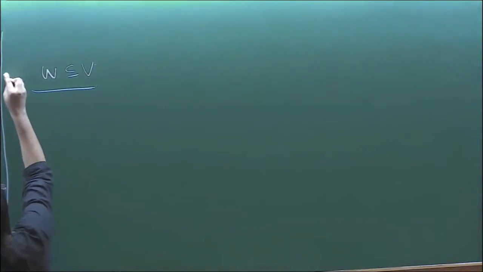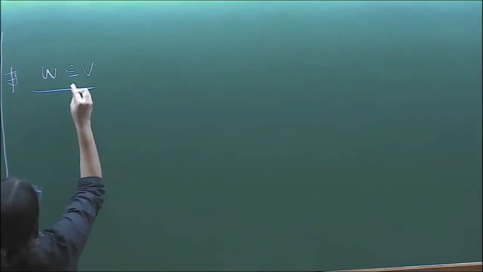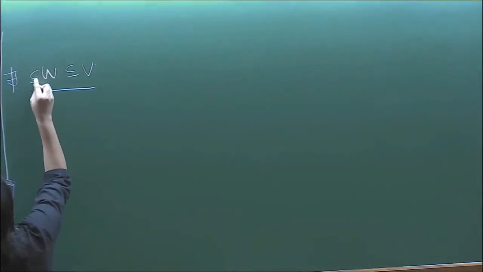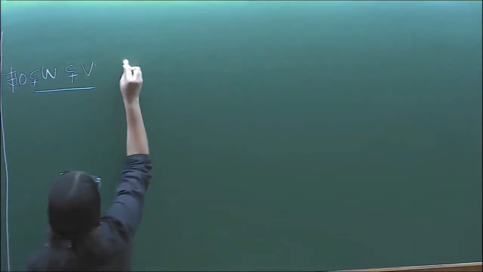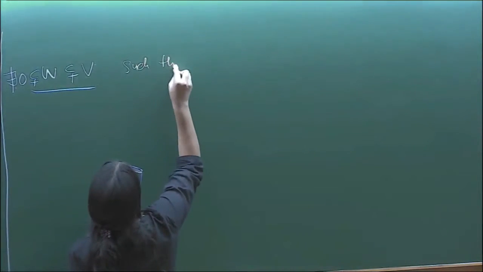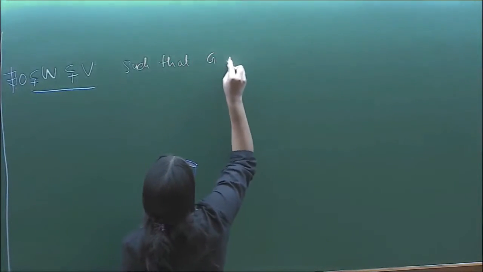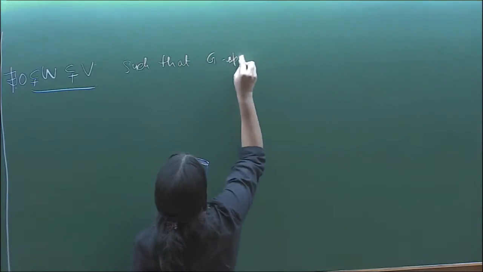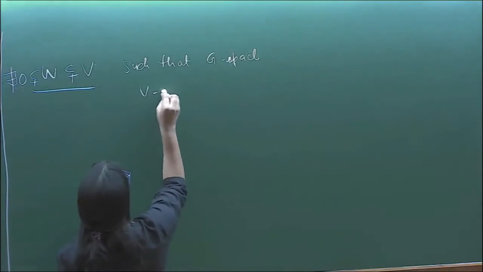So if there does not exist W such that W is a G-invariant subspace, then V is irreducible.